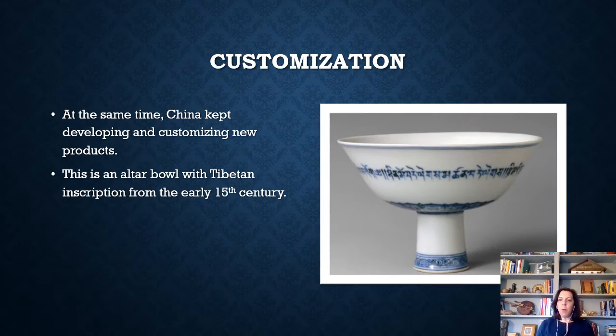When you have more competition, you up your game. So for China, this meant offering more customized products and continuing to maintain an extremely high level quality of product. And this is an example of a Tibetan altar bowl with an inscription in Tibetan from the early 15th century. And you can't see it here, but that inscription is repeated on the inside.